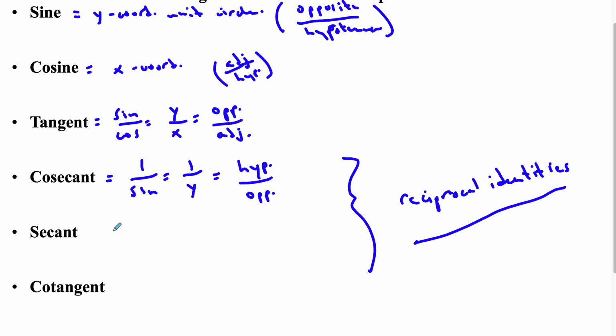So if we keep going, secant corresponds to 1 over cosine, which would be 1 over x, or hypotenuse over adjacent. Now, how to keep these sorted out. Sine does not have a "co" in its name, cosecant does, which is how you can tell they match up, right? Cosine already has a "co", which means it must match up to secant.